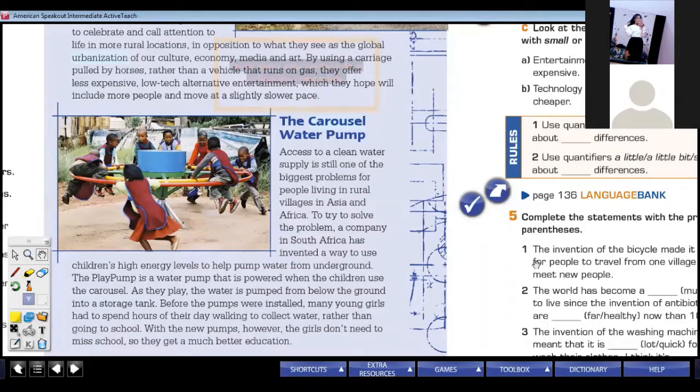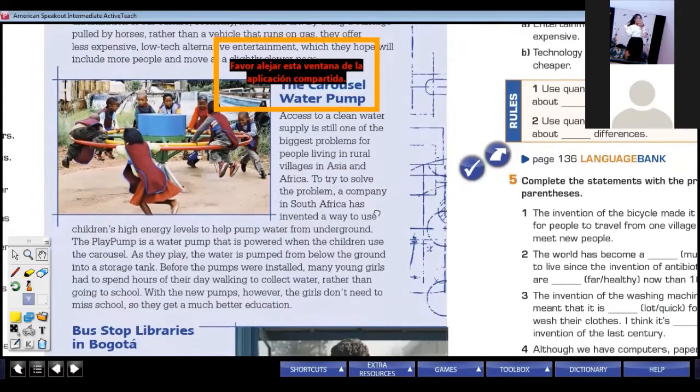Before the pumps were installed, many young girls had to spend hours of their day walking to collect water. Rather than going to school, with the new pumps, however, the girls don't need to miss school, so they get a much better education.